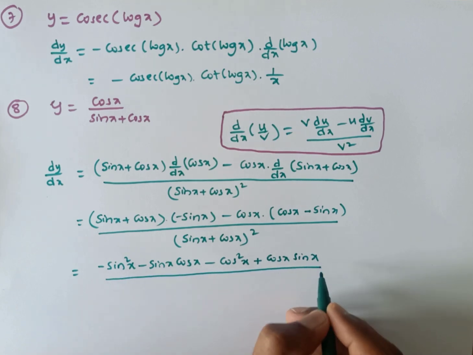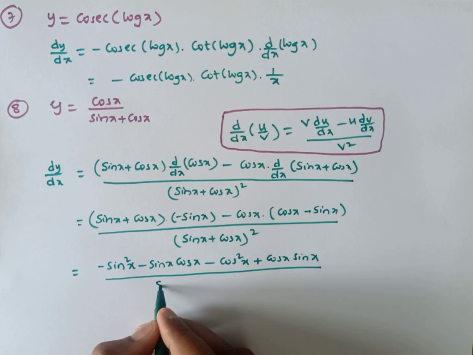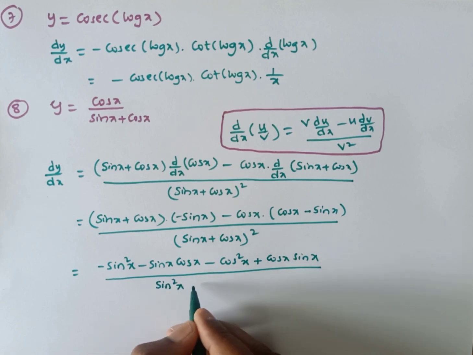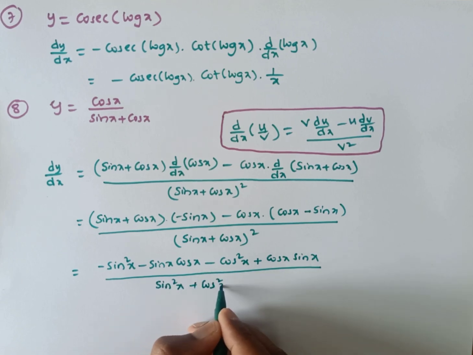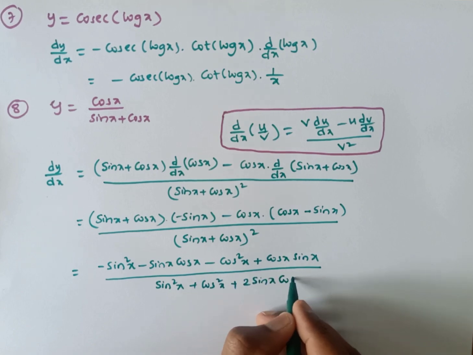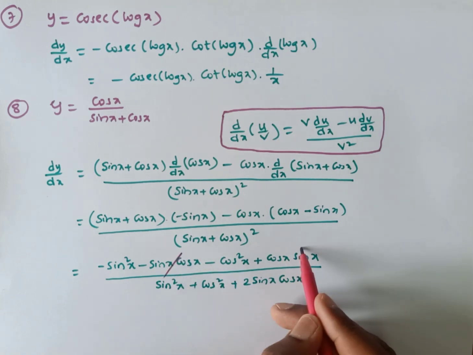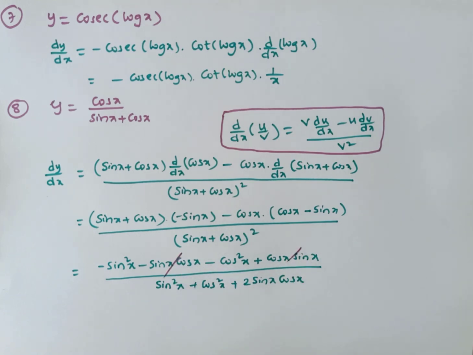Whole divided by, now it is sin x plus cos x whole square, a plus b whole square form. Now this is a square plus b square plus 2ab, 2 into sin x into cos x. Now in the numerator, sin x cos x and sin x cos x get cancelled.